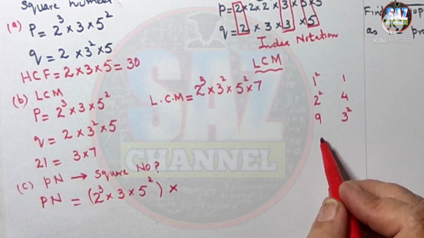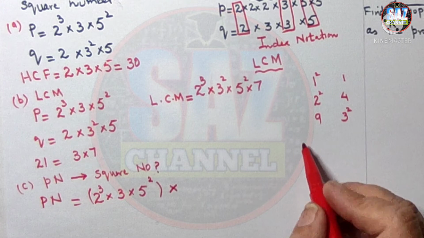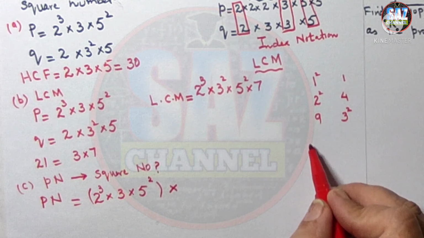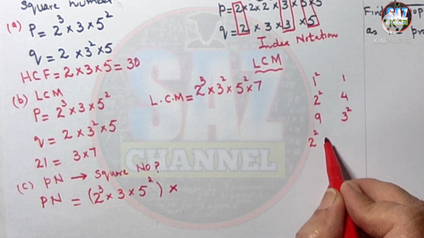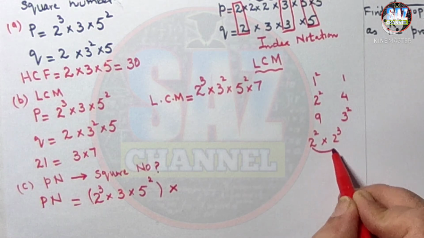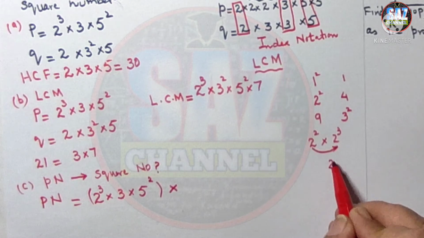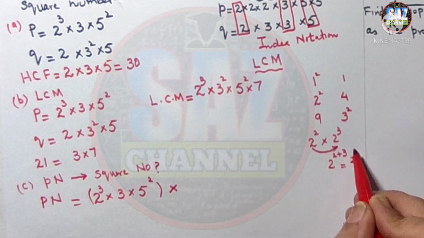Here my students should have a good command of the laws of indices as well: when we multiply two numbers with the same base, like 2 raised to the power of 2 multiplied by 2 raised to the power of 3, we write the base once and add up the indices, 2 plus 3, and this becomes 2 raised to the power of 5.